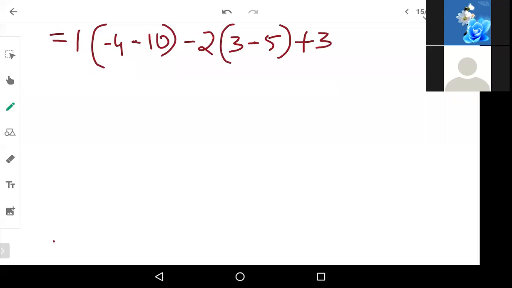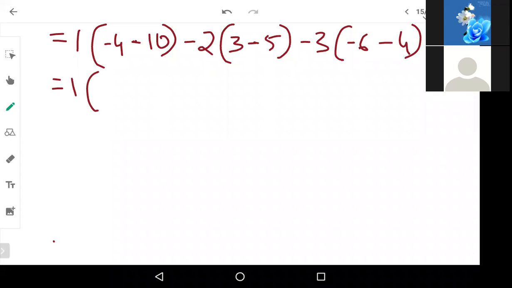So 1 into, 4 into minus 1 is minus 4, minus 5 2s are 10. Then minus 2 into 3, minus 3 into minus 1 is plus 3, minus 5 1s are 5. Then plus of minus 3, I will take it as minus 3 only directly. So minus 3 into 3 2s are, minus 3 into 2 is 6, and then minus 4.